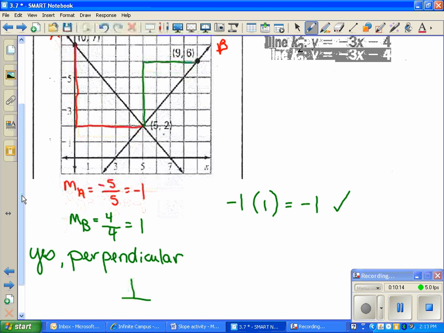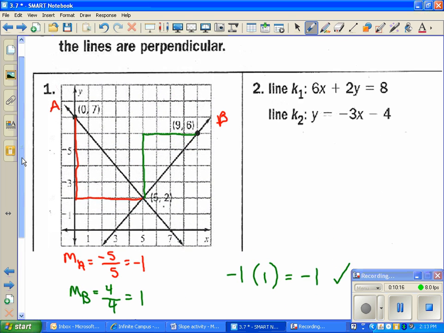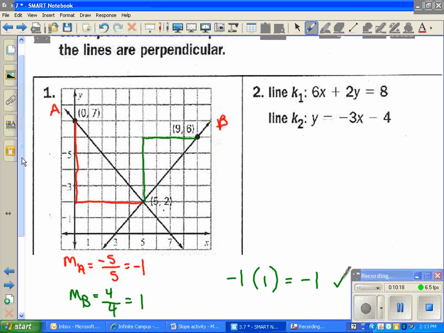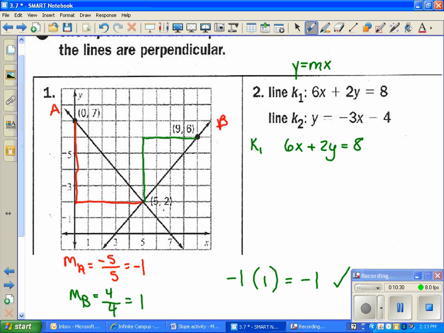Is that good? Questions? All right, if you're given the line K, you have to get it into the form y equals mx plus b. If you don't, you cannot tell what the slope is. So you first move your x's to the other side.